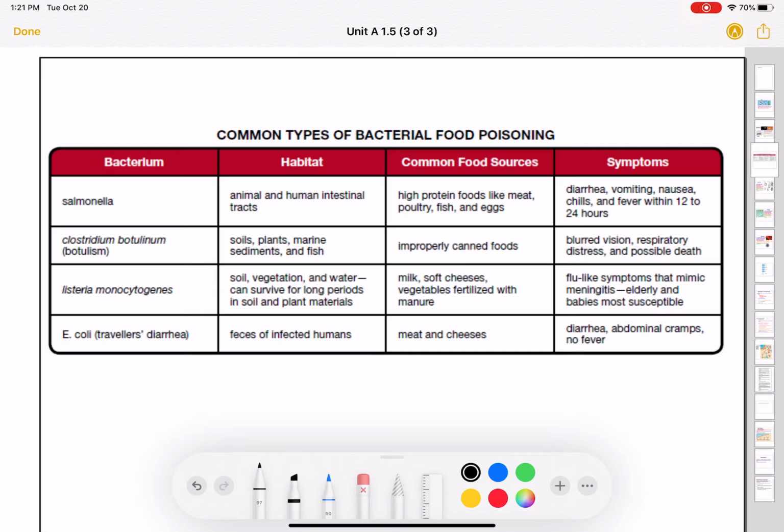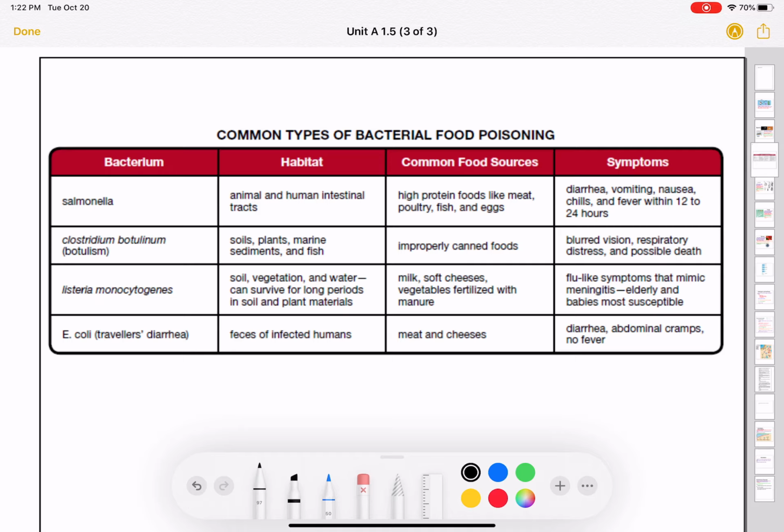To have salmonella, you would have diarrhea, vomiting, nausea, chills, and fever for 12 to 24 hours. So many of us might actually have had salmonella and not even known it. That's the common 24-hour flu. It gets out of you pretty fast, mostly because you're throwing up or having diarrhea. So that is something that would be considered food poisoning.